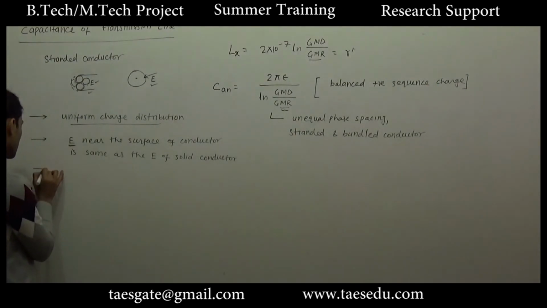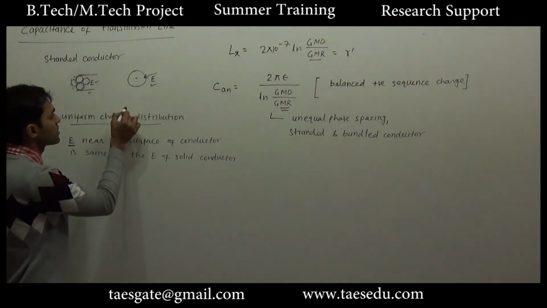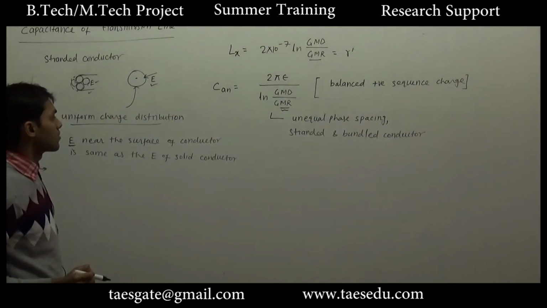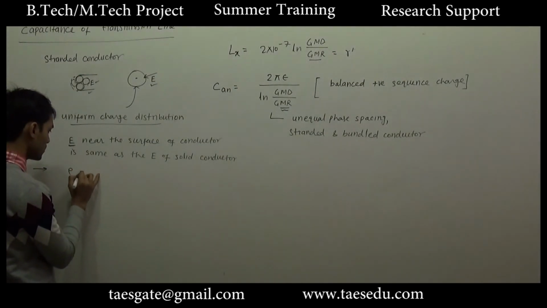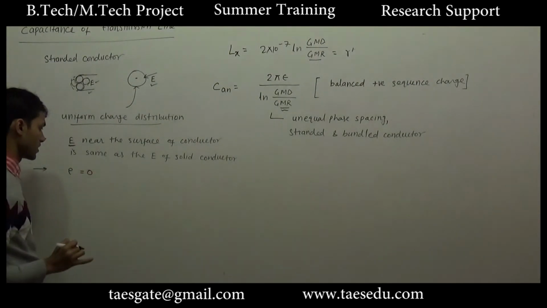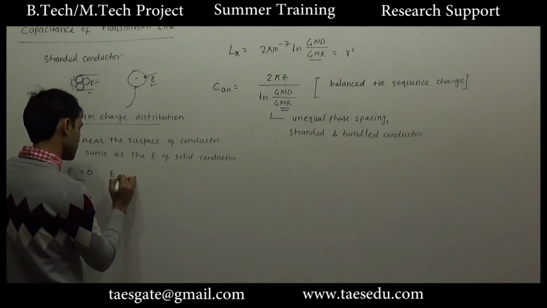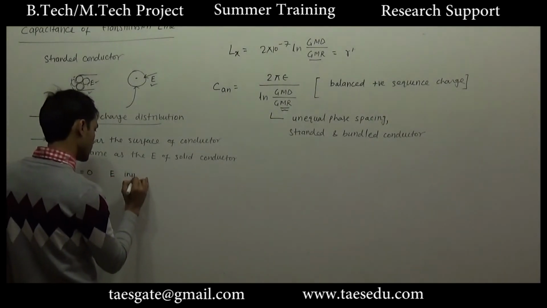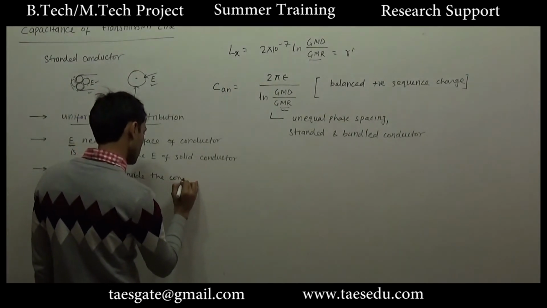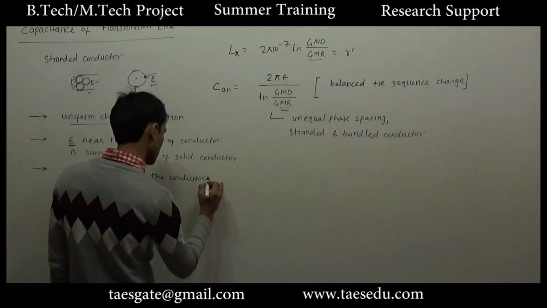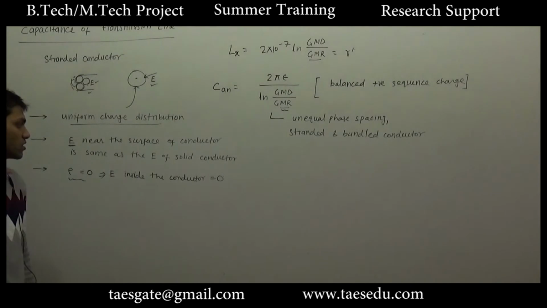The third assumption, which is also the same assumption that we take in the case of a solid conductor, is that the resistivity of the conductor is 0. It is a pure conductor, and if resistivity is 0, the electric field inside the conductor will be 0, which is possible only in the ideal case.